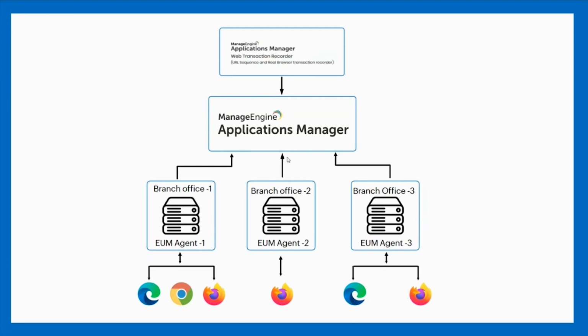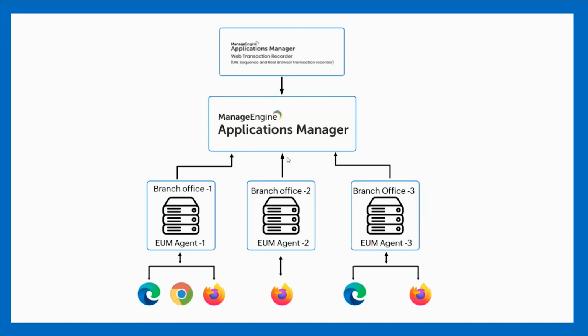Applications Manager's end user monitoring agents basically provide greater visibility into the user experience and help detect potential performance problems with ease. These agents can be installed in multiple branch offices in different cities or in the systems of your end users. All you need is a secure HTTPS connection between the agent and the Applications Manager server.